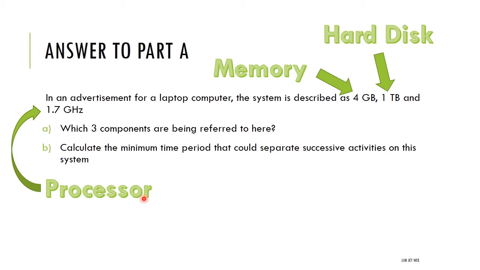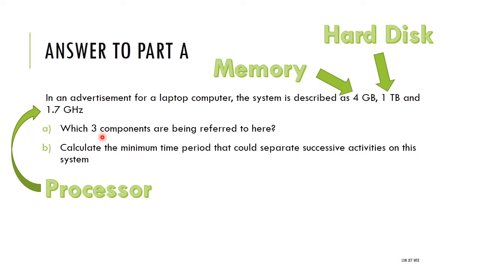Once I have the answer for the processor, I only have these two left. Then of course, which one is bigger? TB is bigger than gigabyte. So the larger one is most likely the hard disk, and the slightly smaller one will be the memory. So this solves part A.